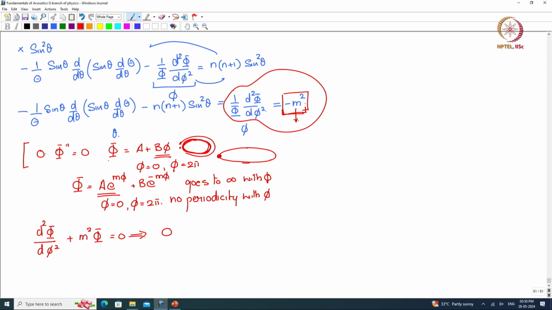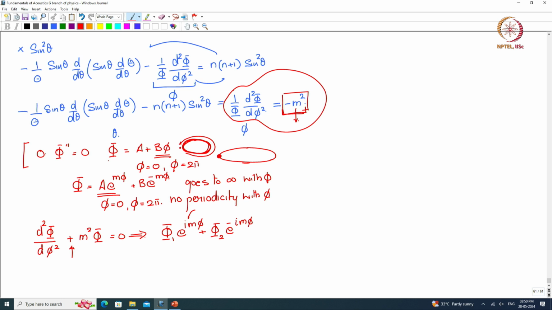So I get phi 1 e to the power i m phi, because of this plus, I have got an imaginary value over here, plus phi 2 e to the power of minus i m phi.